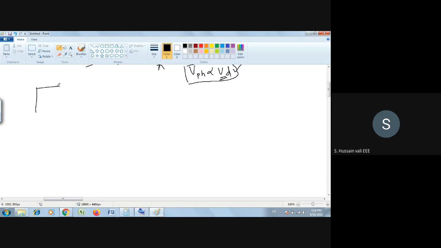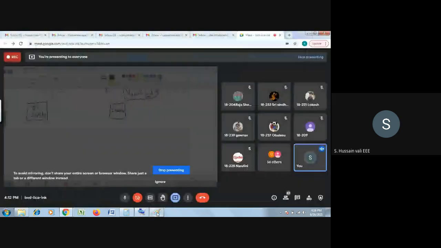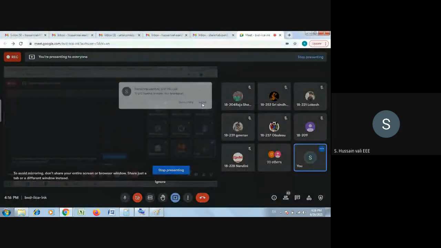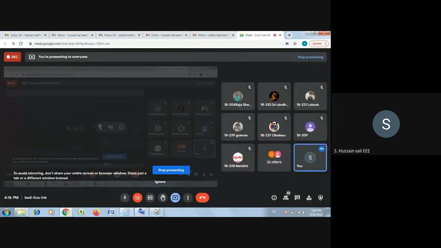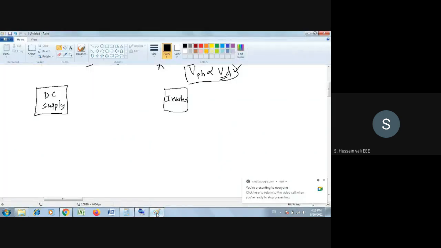This is a DC supply. Then you have the inverter here.